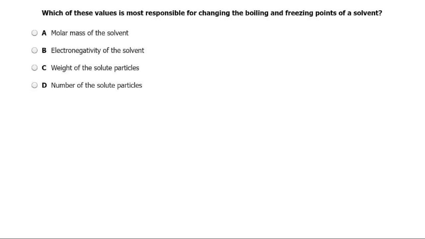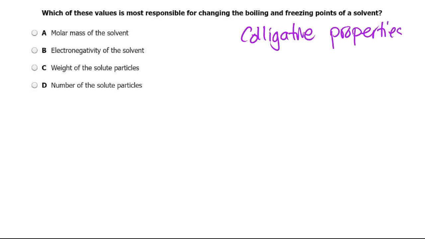Which of these values is most responsible for changing the boiling and freezing points of a solvent? So as far as solvents go, there are some colligative properties whereby, when present, they can change the freezing and boiling point of a solution, or really of the solvent property in the solution.